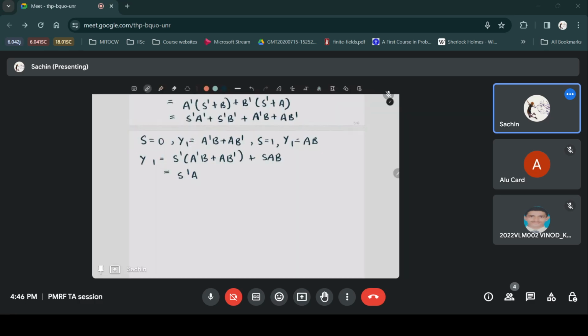Oh sorry, there was a mistake. When S is 0, Y1 is A plus B complement. So this is A plus B complement. So that will be S complement into, use De Morgan's law, S complement into A complement B complement plus S into AB. So that is the expression for Y1.